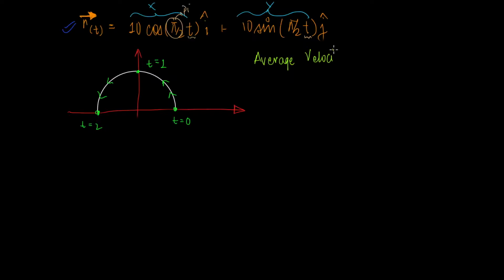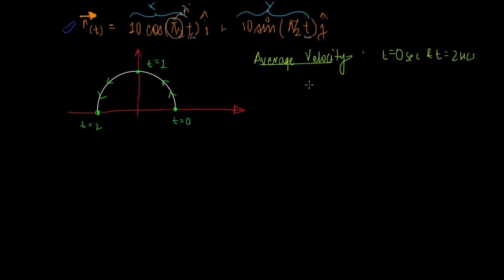velocity. Alright, so what do we know about average velocity? To measure average velocity, we need to consider the time interval over which we are evaluating it, and we need to know the displacement between those two times in terms of positions. So let's consider the average velocity between t equal to 0 seconds and t equal to 2 seconds.